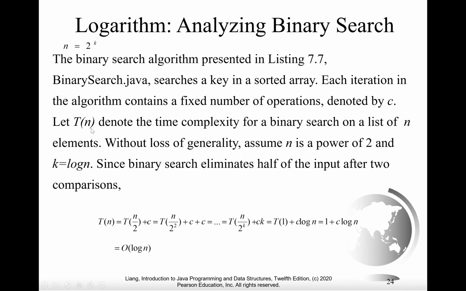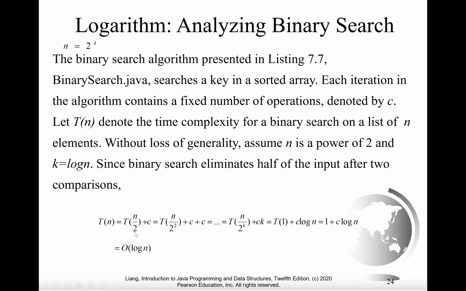Let T(n) denote the time complexity for a binary search of a list of n elements. Compare the middle element with the key. This is to determine whether you narrow your search to the first half or the second half.